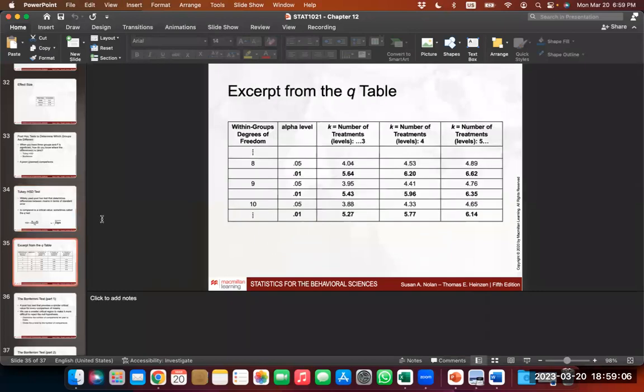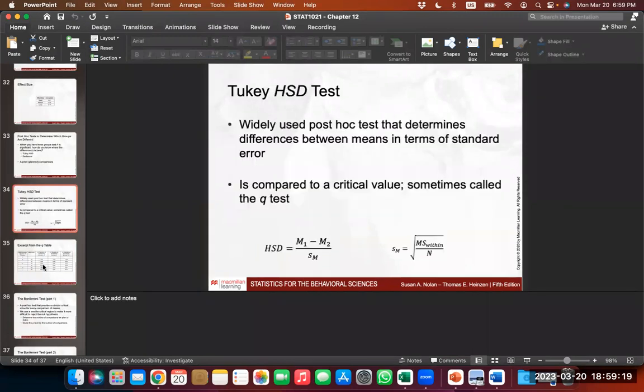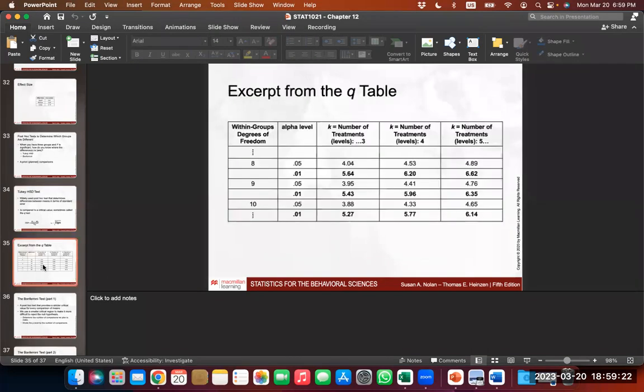So now this can now be calculated and compared to the so-called Q table, because this HSD is basically the so-called Q. And this Q, if you have two levers, if you have four levers, in the within groups of degrees of freedom are here, within groups degree of freedom are 9.